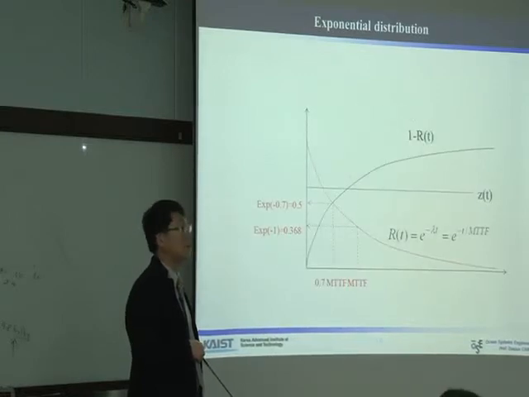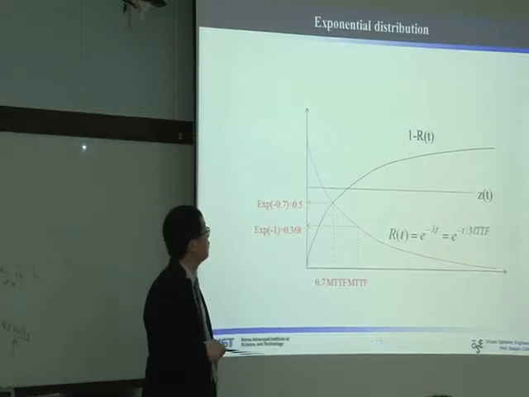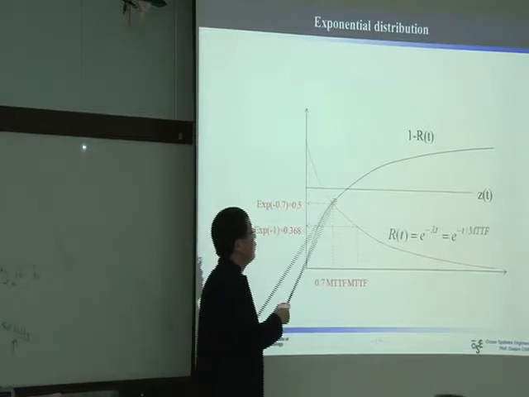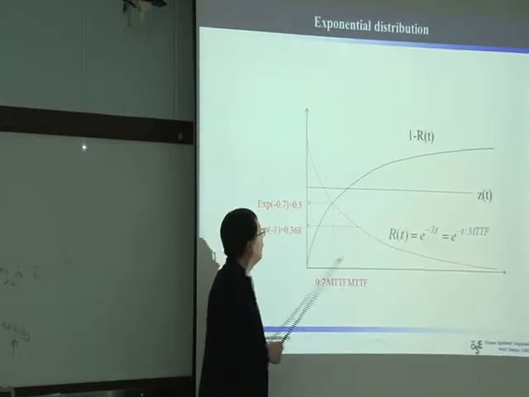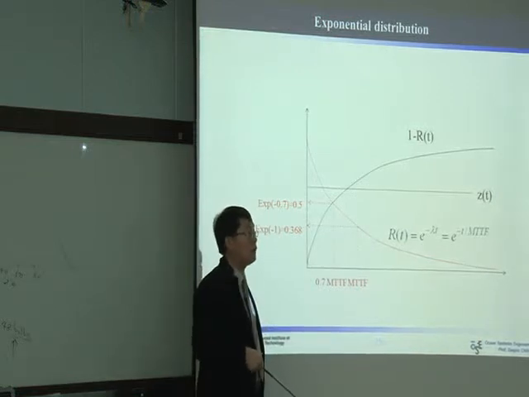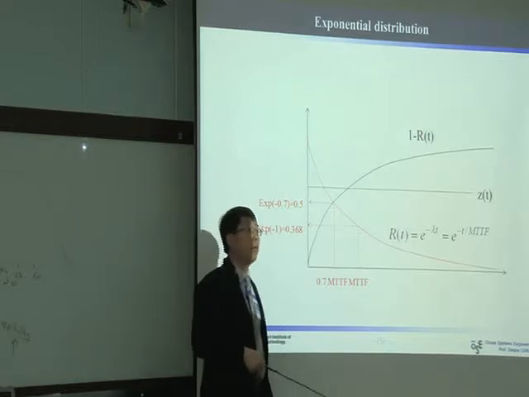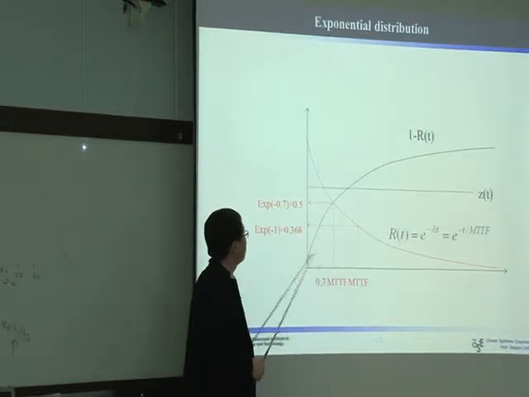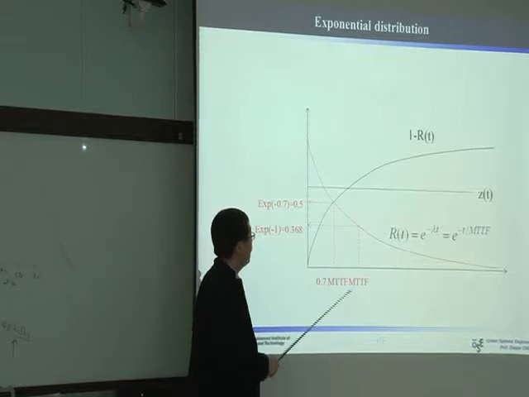This is the curve of the exponential distribution function. This is the reliability. Reliability decreases exponentially. And this is 1 minus R(t), the failure probability function. And there are some important values.